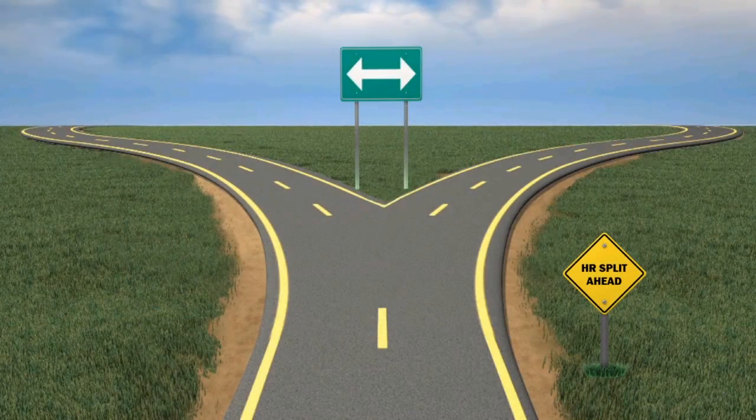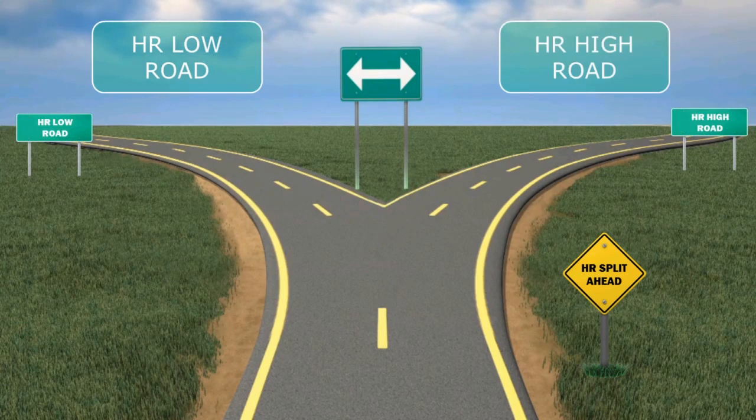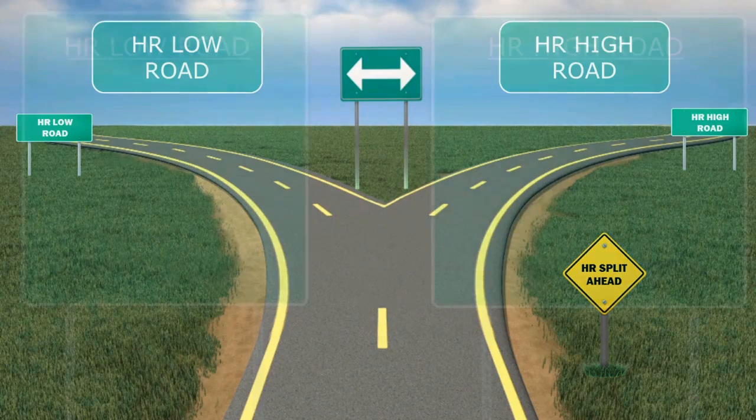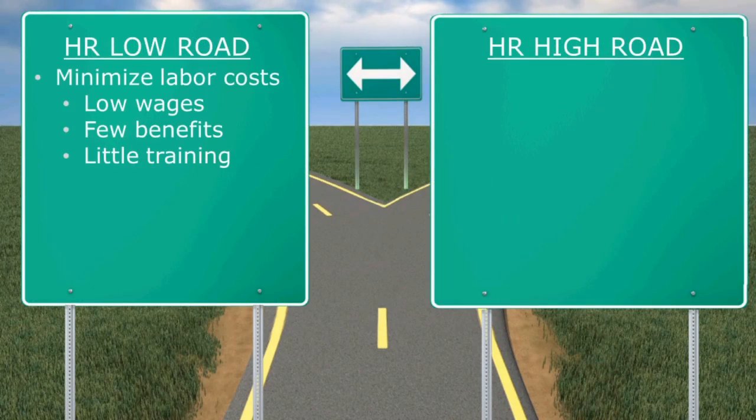Now, when looking at different HR practices, it's common to divide things into two broad schools, two broad approaches, what's called the low road approach and what's called the high road approach. Let's compare and contrast these two approaches. In the low road approach, labor costs are key. In fact, keeping labor costs as low as possible is really the number one goal. So you can easily imagine what that entails.